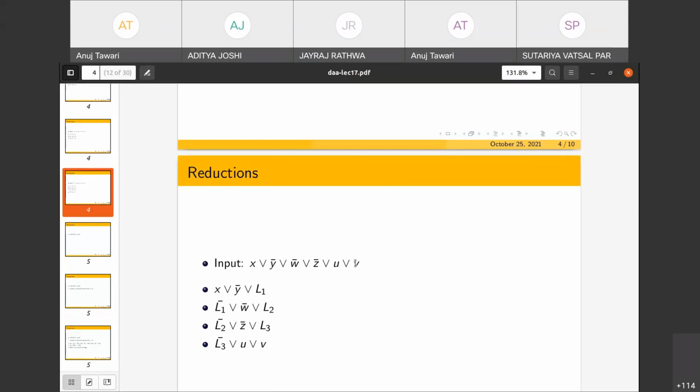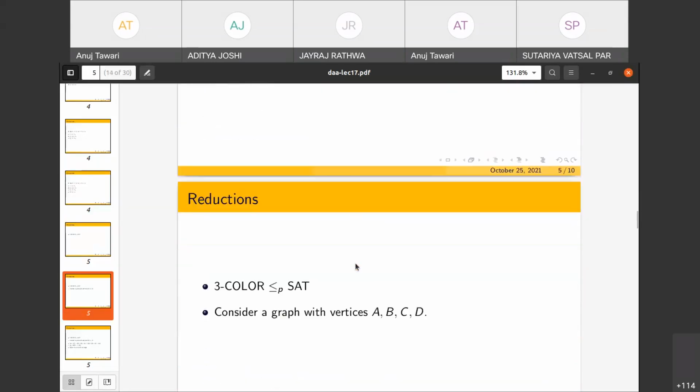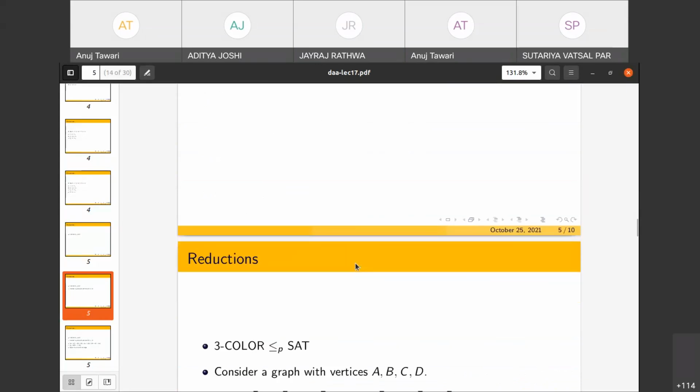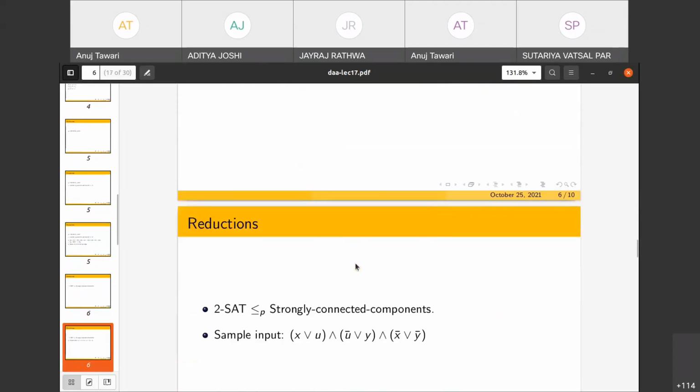So let's say we have this formula where you have 2 variables per clause, and we want to reduce it to strongly connected components.